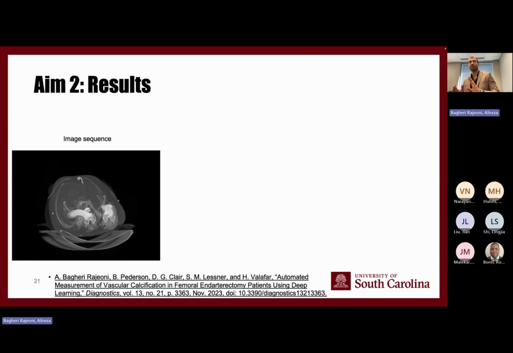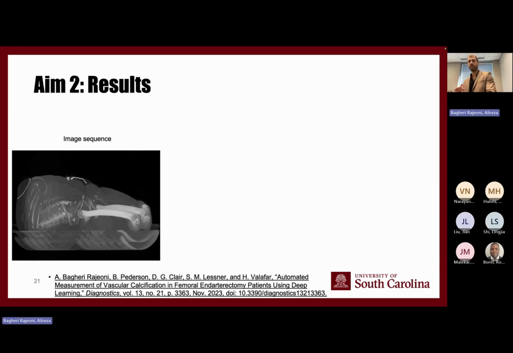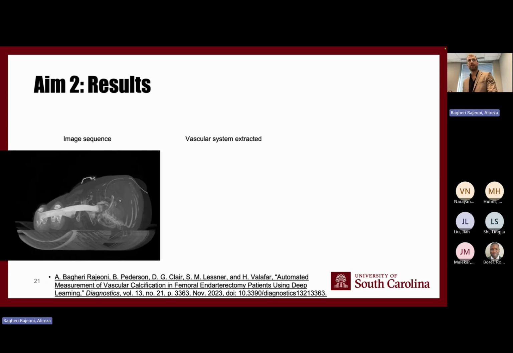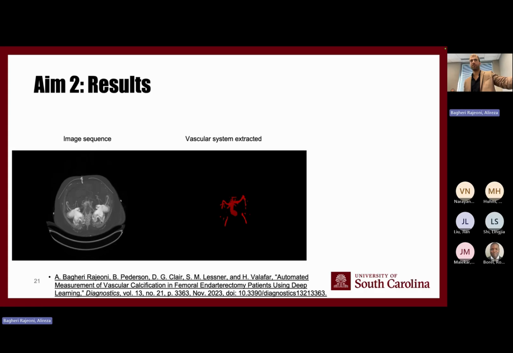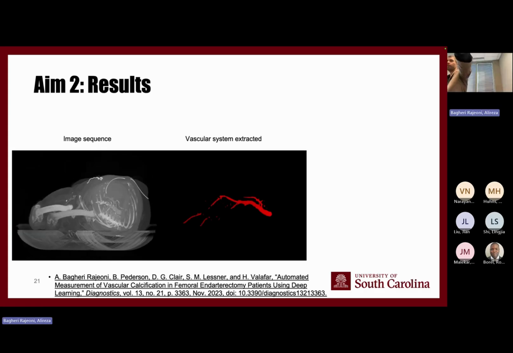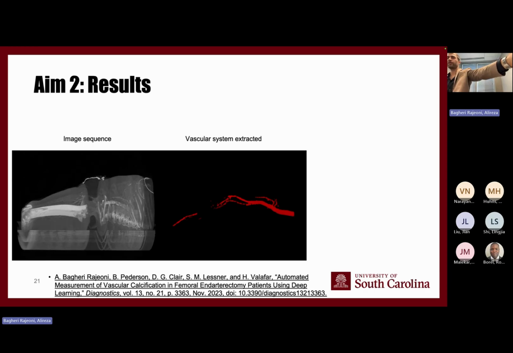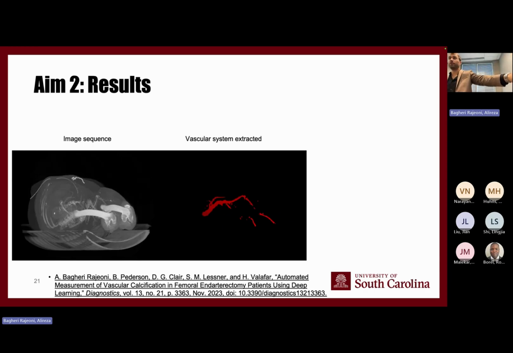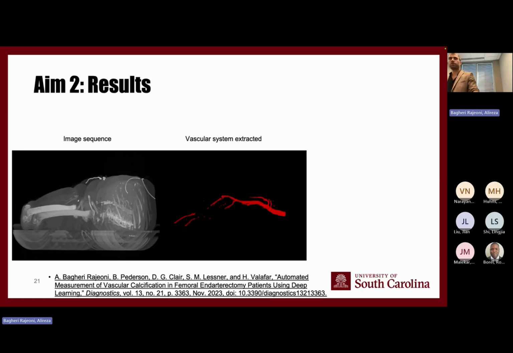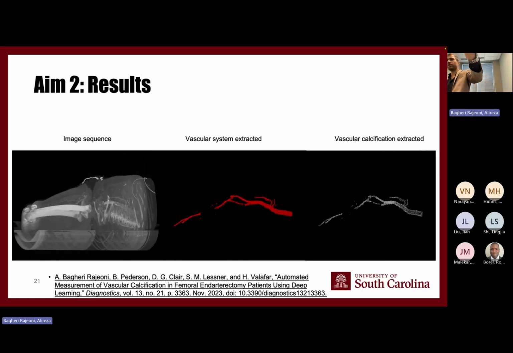So pretty much, this is visually inspecting the performance of the model: the image sequence, and then the model from AIM1 extracting the vascular system. Then we multiply that into the input image, apply thresholding, and apply the calcification scoring technique, the methodology we developed, to have this vascular calcification extracted.